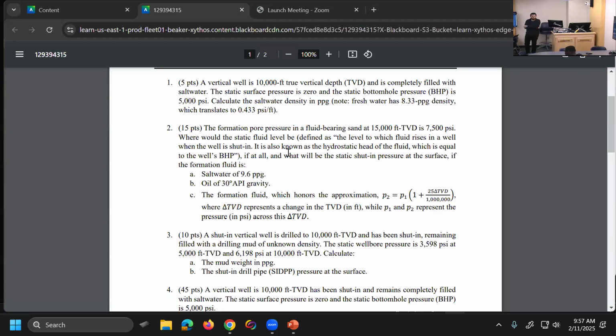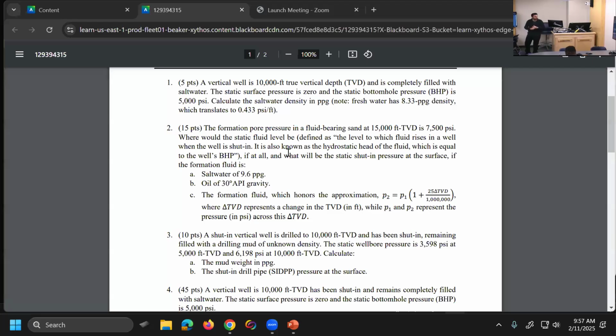Now, for that question, you are given enough information to write 2 equations. Okay, 2 equations, 2 unknowns. Unknown is the mud weight, and what else? Yeah.